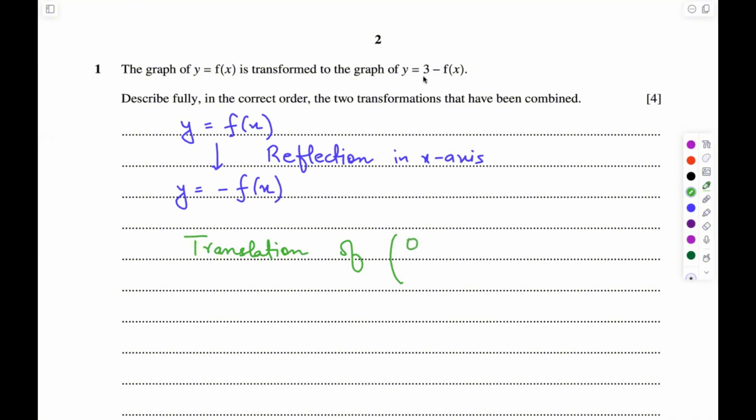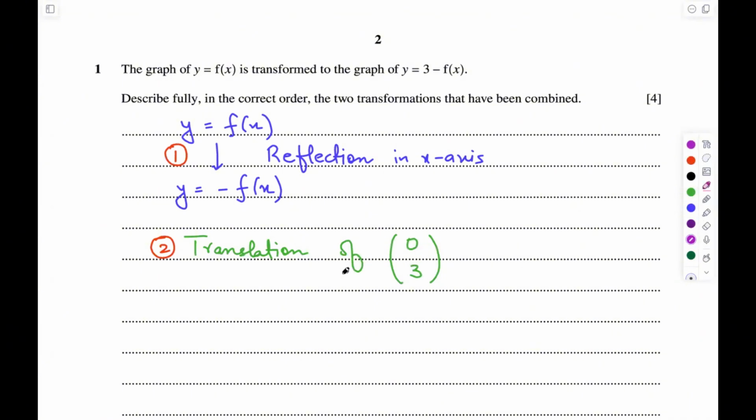And as the whole function has been increased by 3 in value, there will be a translation of 3 units in the y direction. So the order will be first a reflection in the x-axis and then a translation of (0, 3) in the y direction.